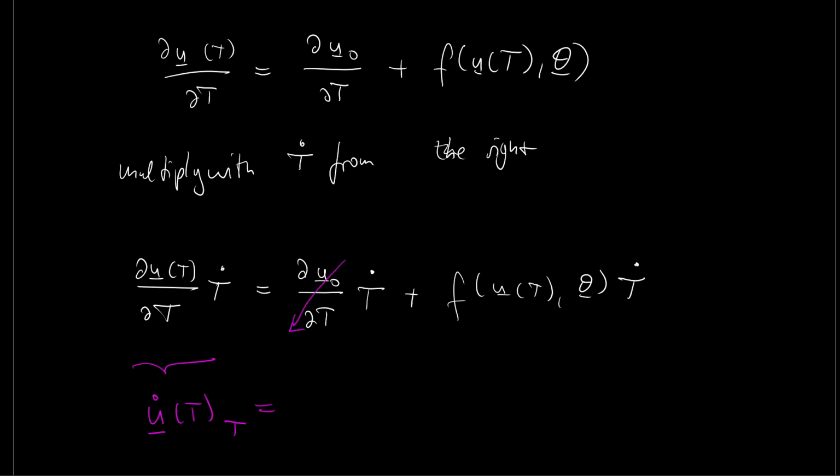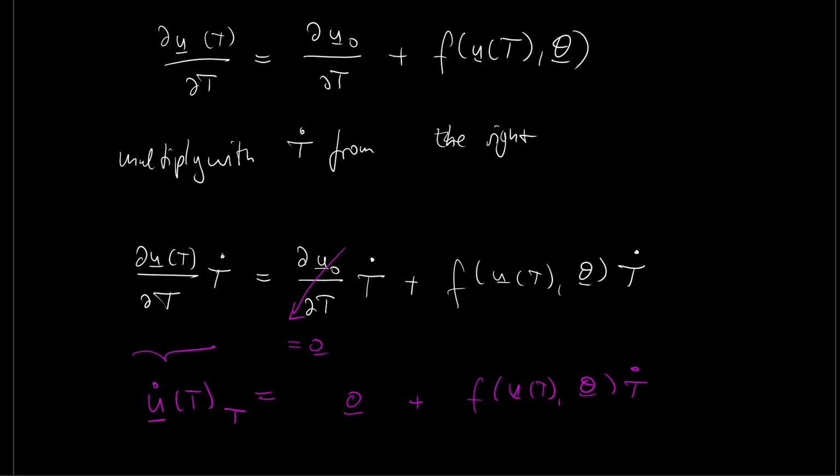So this one would be just 0 or the 0 vector, and then if we multiply T dot with that, this will just be the 0 vector plus this one, which stays as is. And as such, we see that in order to propagate the tangent information on the final time, we do not have to solve an auxiliary problem. This is just a multiplication of the right-hand side evaluated at the final solution, with our concrete parameter vector, multiplied with the tangent on the final time.